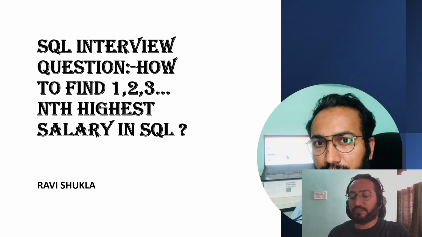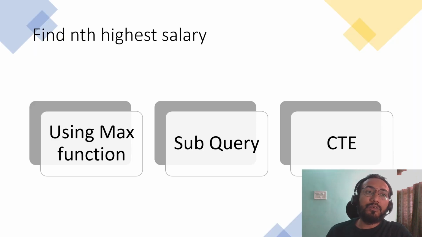So let's go to the second slide. There are many ways to find the salary. I am going to demonstrate how you can find the maximum salary using the max function. We have one more method using subqueries and CTE. CTE is a common table expression, and I'll go through all the sections one by one.